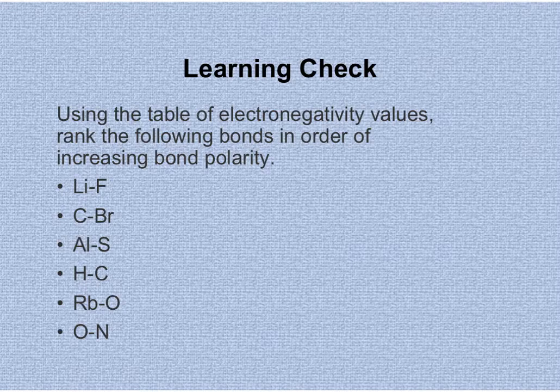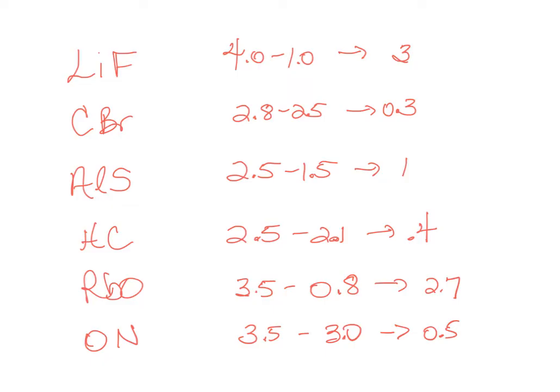All right, see if you can do these. Rank these yourself using the table of electronegativity values a couple slides back, and we'll see what you got. I would suggest turning off the video and trying to do it yourself. All right, how'd you do? Here are the bonds that were shown in the last question, the previous slide.